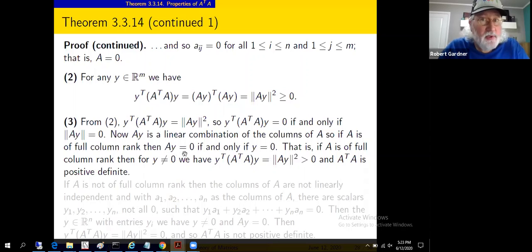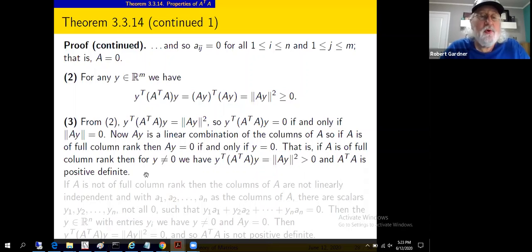This is the same argument we just had, only we left some of the details out, where we set up a dependence relation. We've got linear independence in this case because we've got full column rank. So you set up a linear combination set equal to 0. There is no dependence relationship. We would have to have all the coefficients be 0. In other words, the vector Y has to be 0.